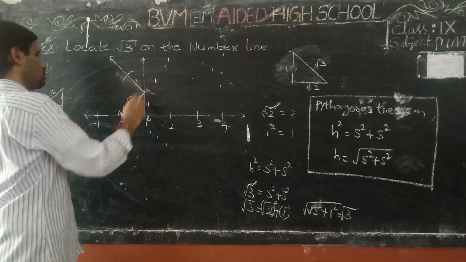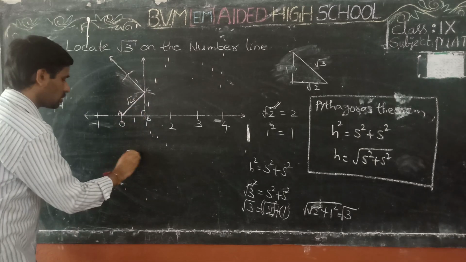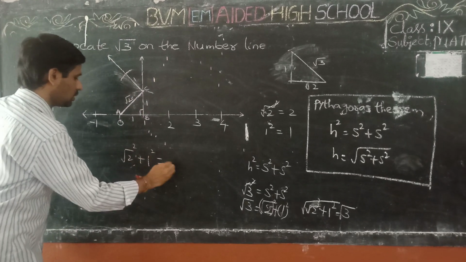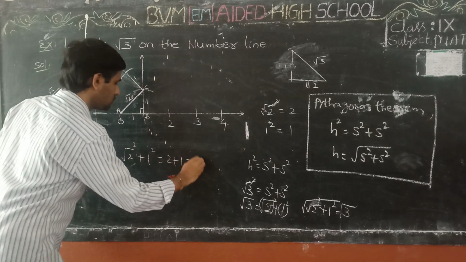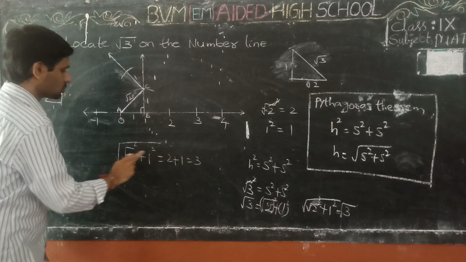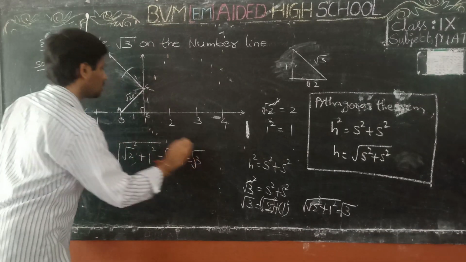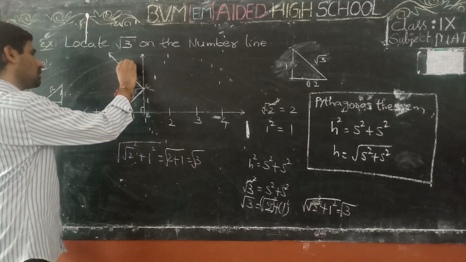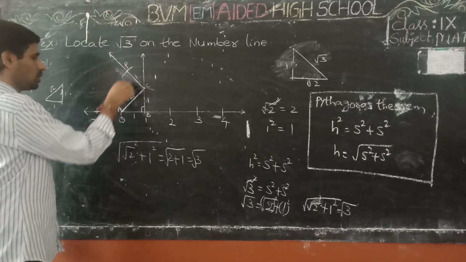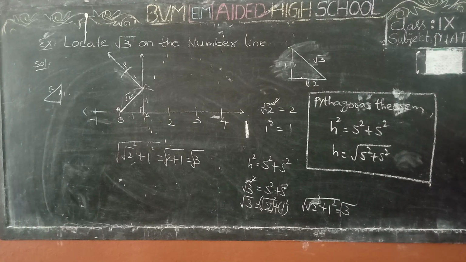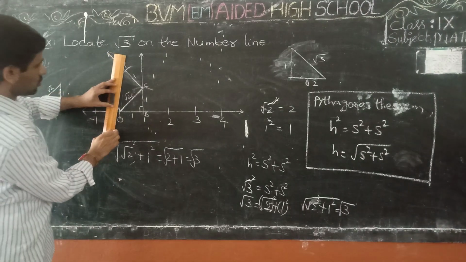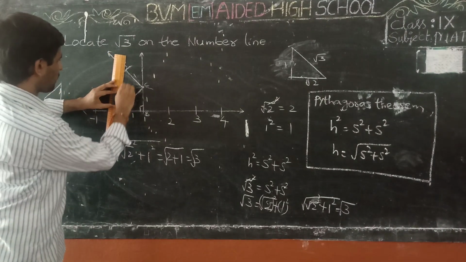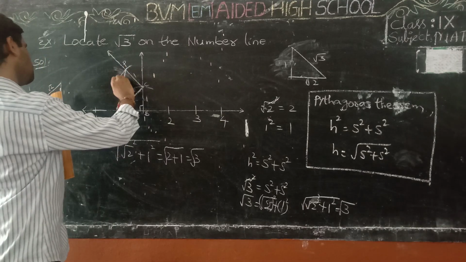This is 1. Root 2 square plus 1 square gives 2 plus 1, 3. Square root of root 2 square plus 1 square gives square root of 3. So this point is taken as P. Join these 2 points A and P. This is root 3 units.